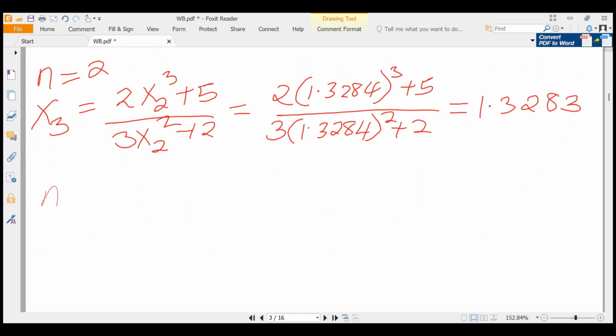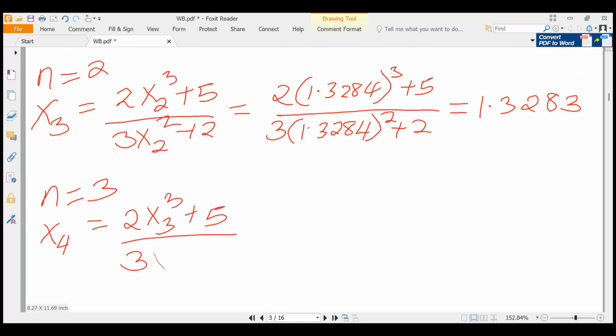And for n equal to 3, we get x4, which will be 2 times x3 cubed plus 5 divided by 3 times x3 squared plus 2.